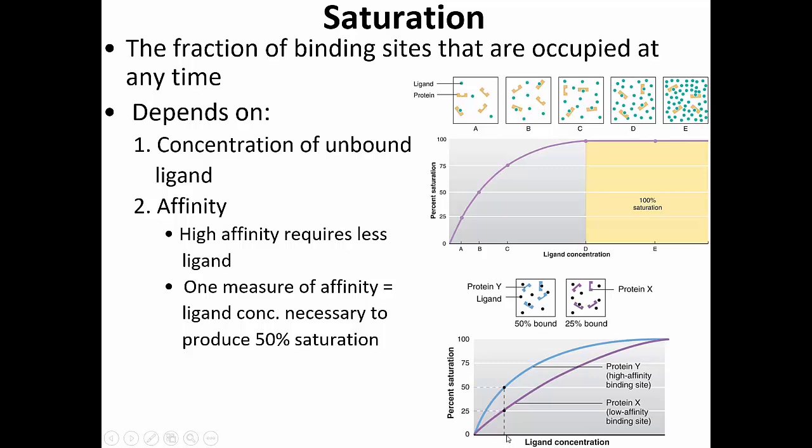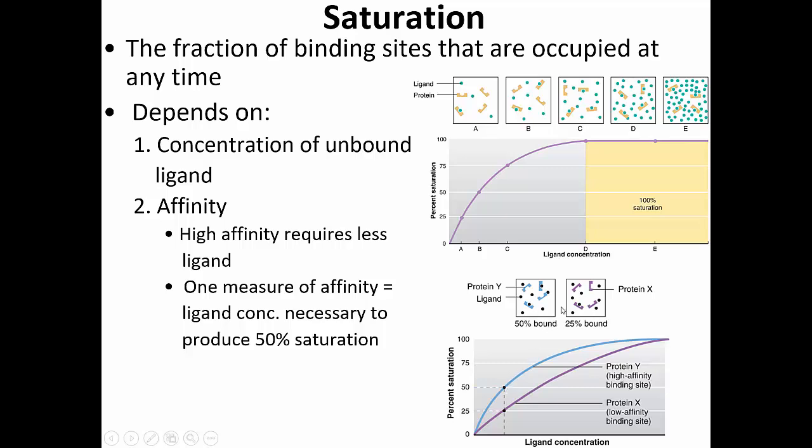And so what we can see is this. When we reach this particular point, which was equivalent to about a 50% saturation state in the case of our first experiment, then we notice that for the protein X, which is low affinity, we are only 25% saturated. But if we look at protein Y, shown by the blue line here, then at the same ligand concentration, we have achieved 50% saturation.